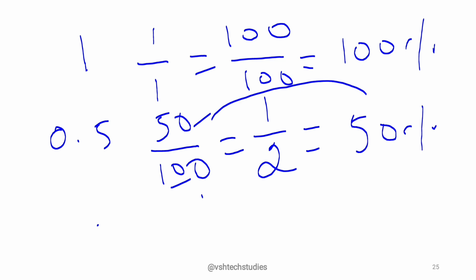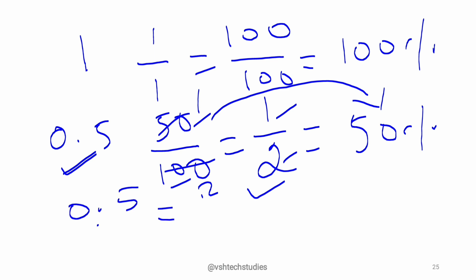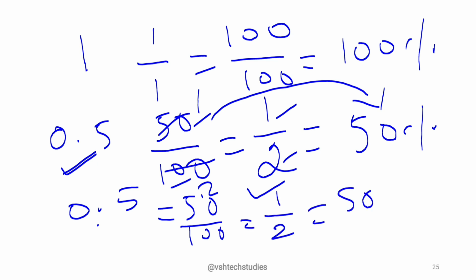So 50 by 100 means 50%. When cancelled here, 5 ones are 5, 5 twos are 10. In fractions it is 1 by 2. In decimal, when 1 is divided by 2, it is 0.5. So 0.5 is equal to 50 upon 100, 1 by 2, or 50%.